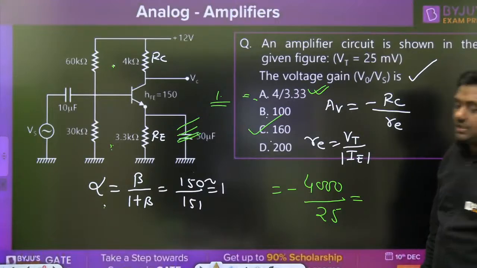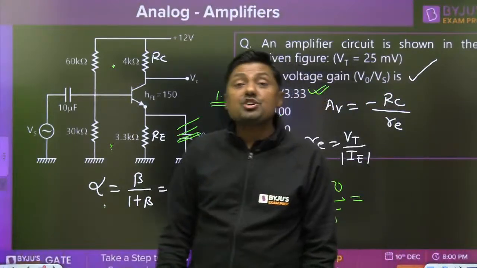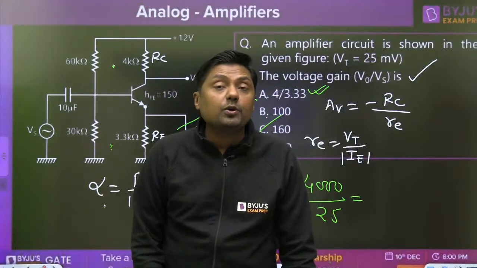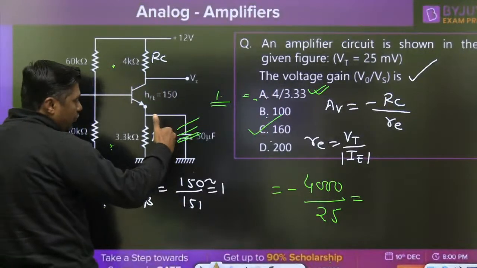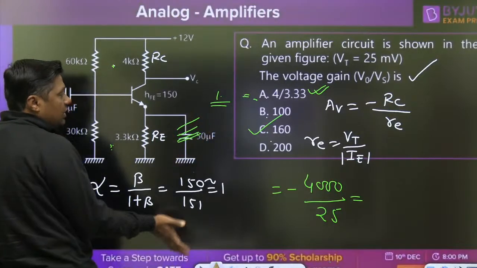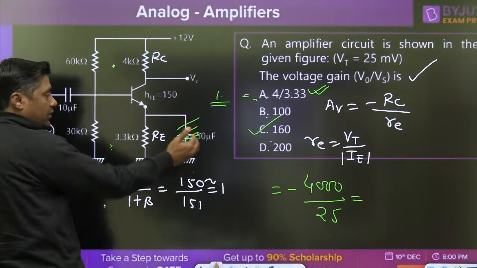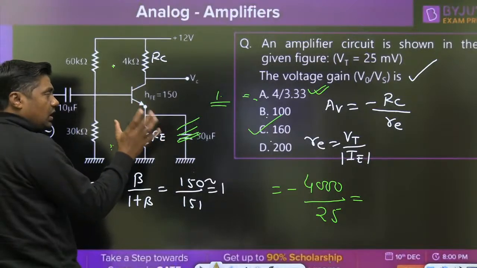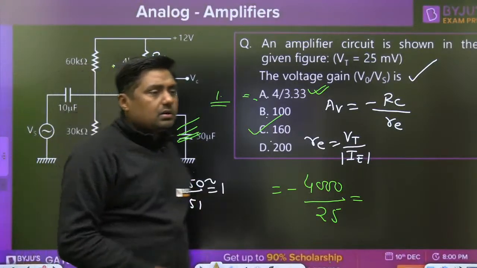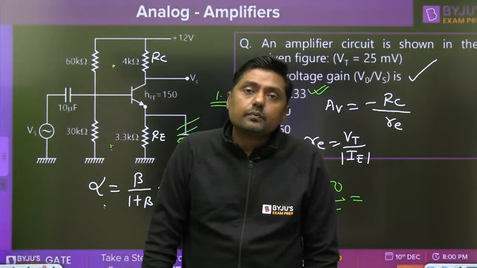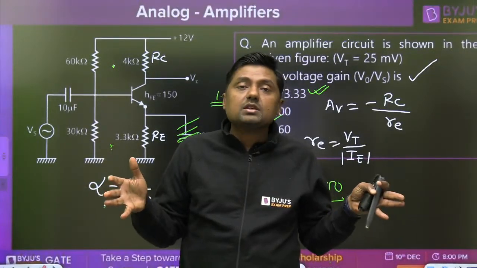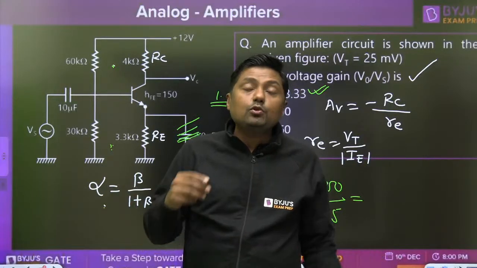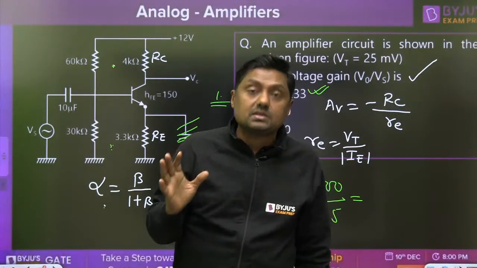That is the change in the gain because of the negative feedback across RE. Remember, when we remove the capacitor, the gain will decrease. When we connect the capacitor, the gain will increase. But why are we connecting the capacitor? To stabilize the gain, to increase the bandwidth, to make the system stable, and to increase the input impedance.